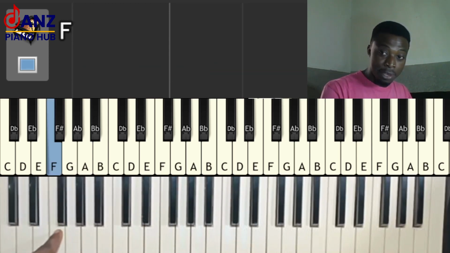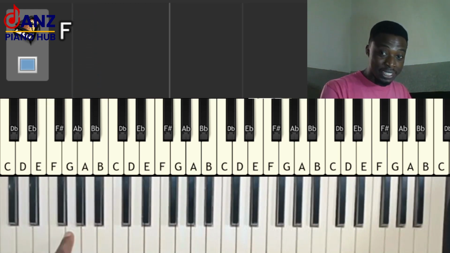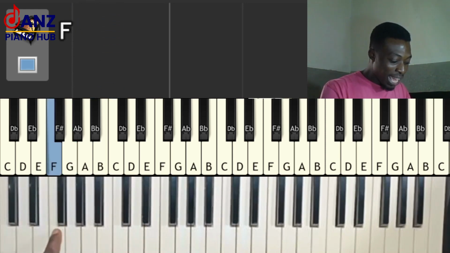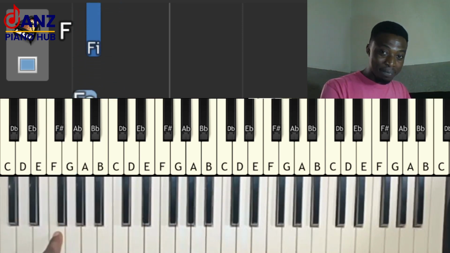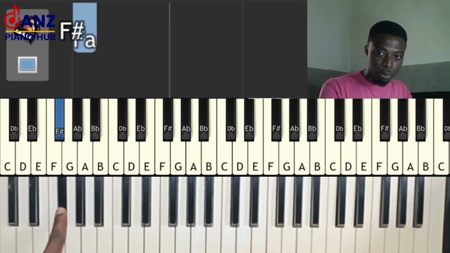This is F and this is G. The black note is in between F and G, because immediately after F is not G, but this black note.